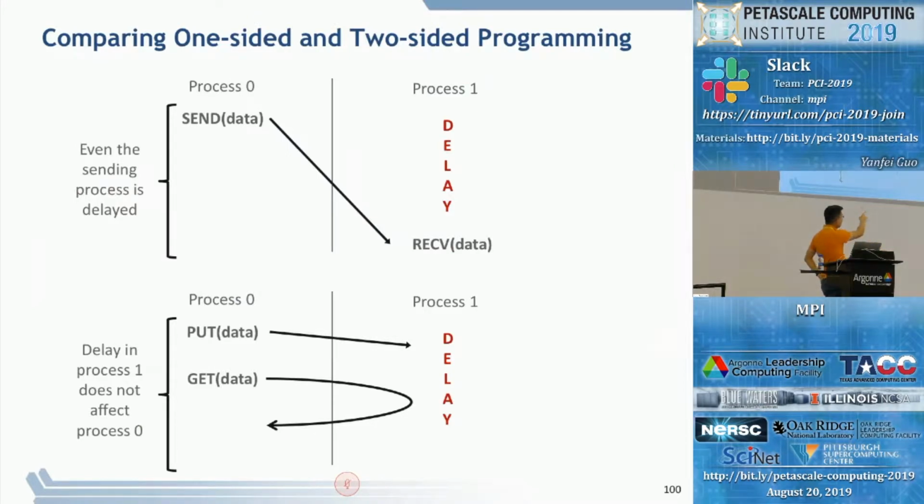So it doesn't need the target process to be actively involved in completing, saying, moving this data into this buffer. So if there's a delay, it won't affect the data transfer for the origin process. That's one of the major benefits of having one-sided communication.